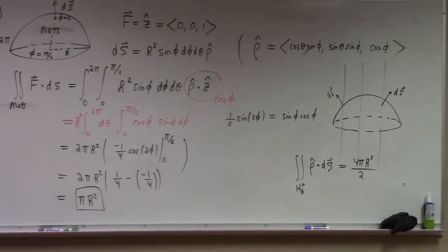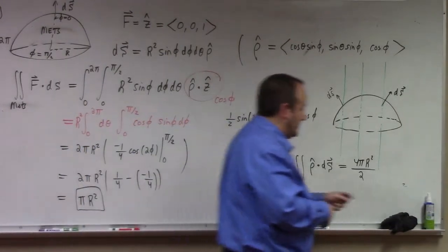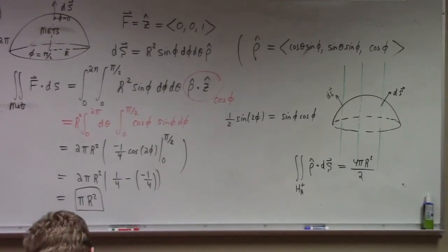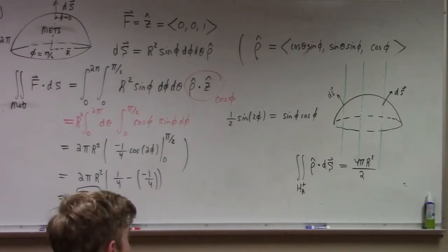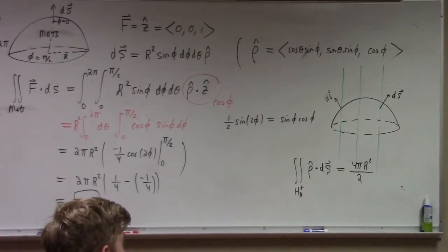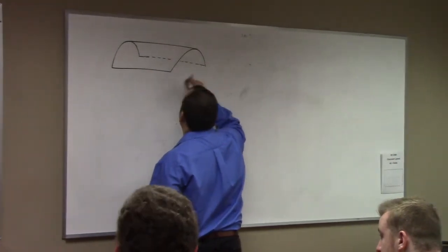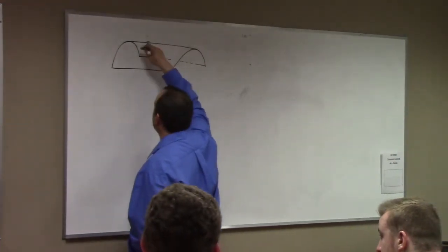calculate the flux of a subset of our standard examples. For example, here's one. Suppose we want to take this sort of half pipe. I don't know if this is actually a standard example, but I can write down what the parameterization is.